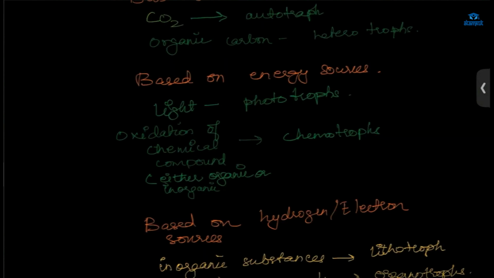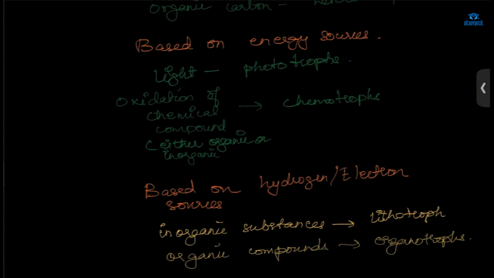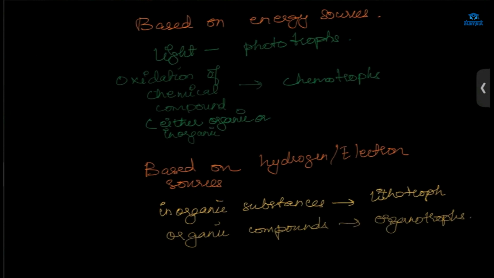If they get energy by oxidation, breaking of chemical compounds, either organic or inorganic, they are known as chemotrophs. Based on the source of hydrogen, if we get hydrogen from an inorganic substance, that is lithotroph, and if from an organic compound, it is organotrophs.